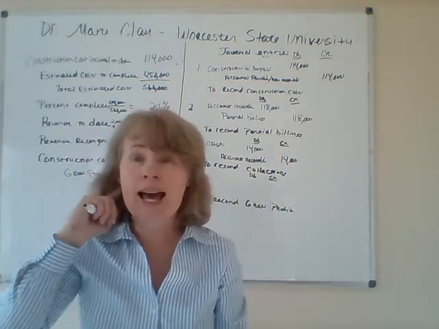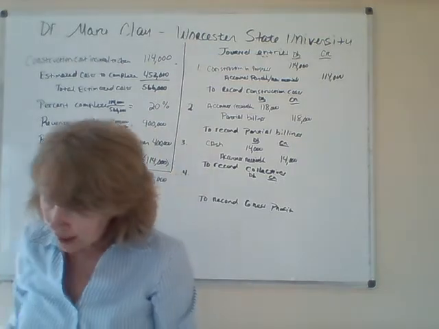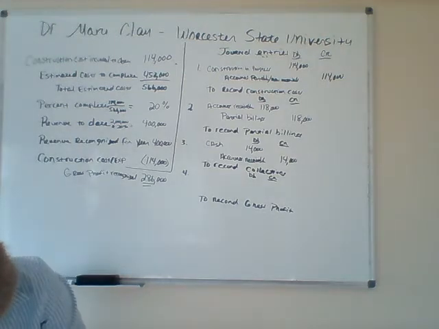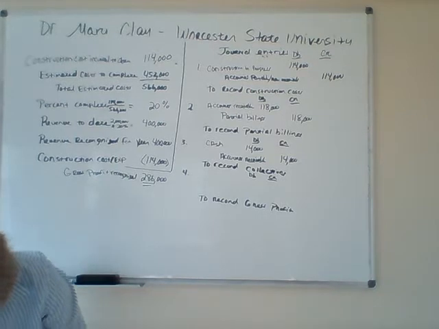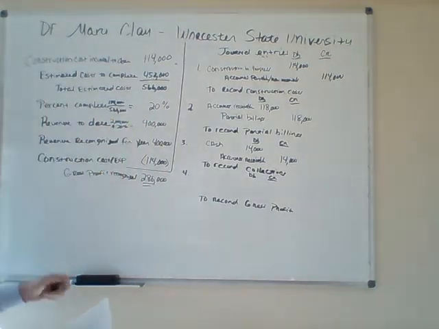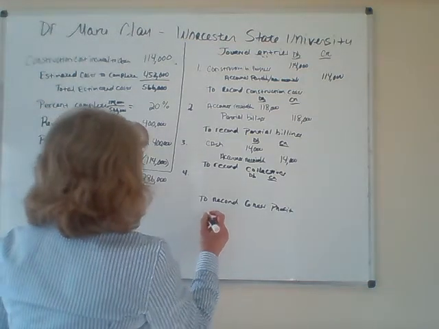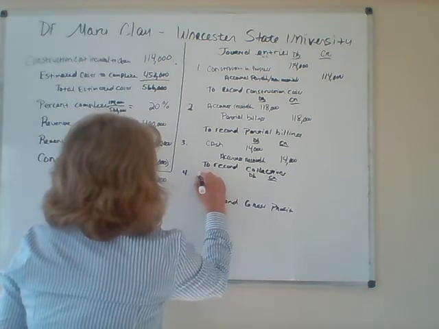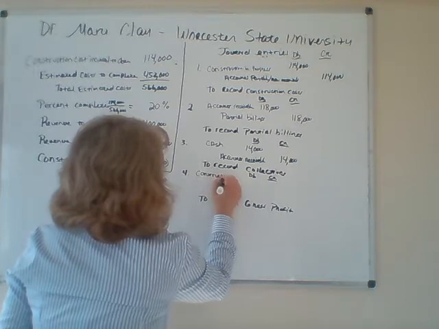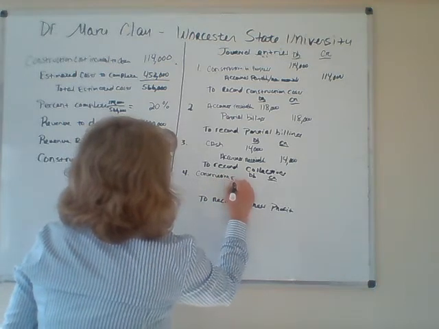All right, we're almost ready. We're going to do the last journal entry. Now we're going to recognize part of our income statement. So we are going to look over here, and we're going to debit our construction expenses.